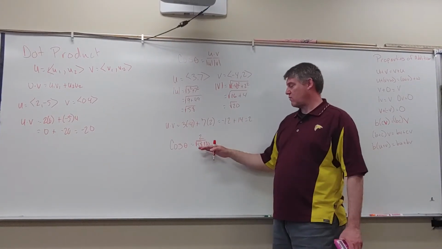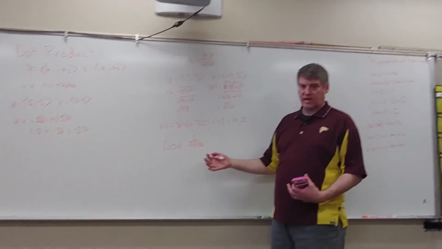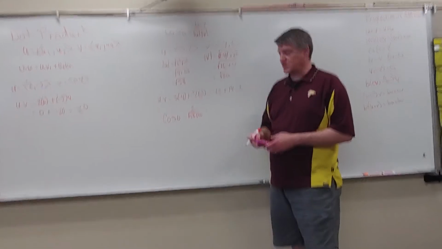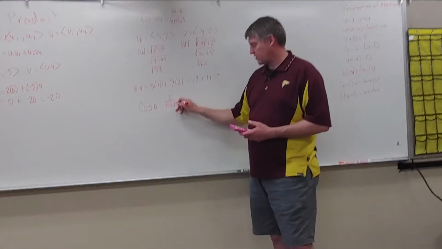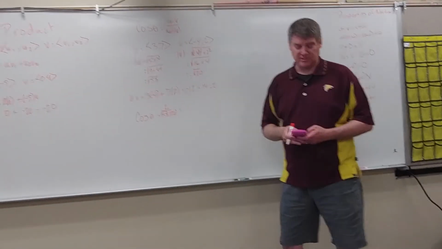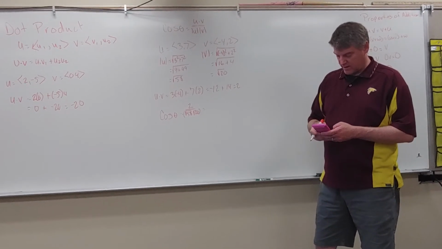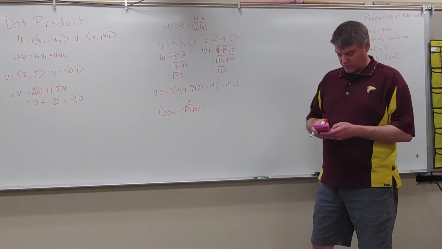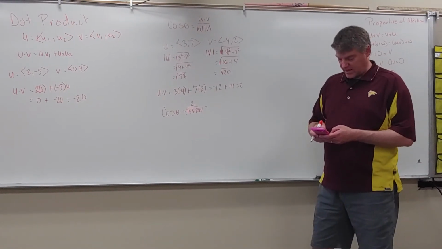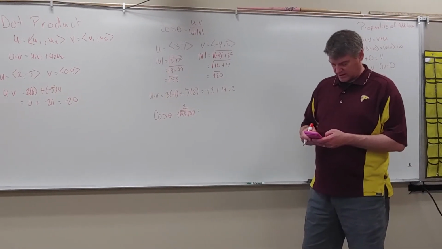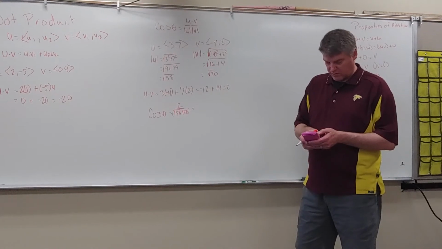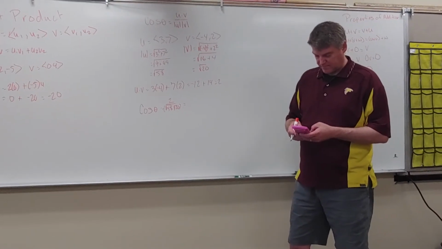Just understand that when you're doing this, make sure that you use parentheses where you need to be. If you're using a calculator, you're going to need to put parentheses around that whole thing. So 2 divided by the square root of 58 times the square root of 20.